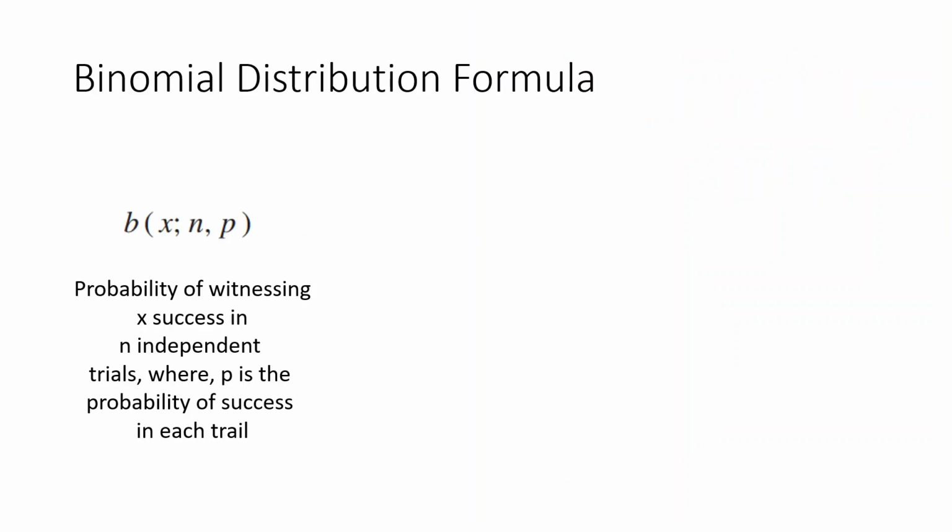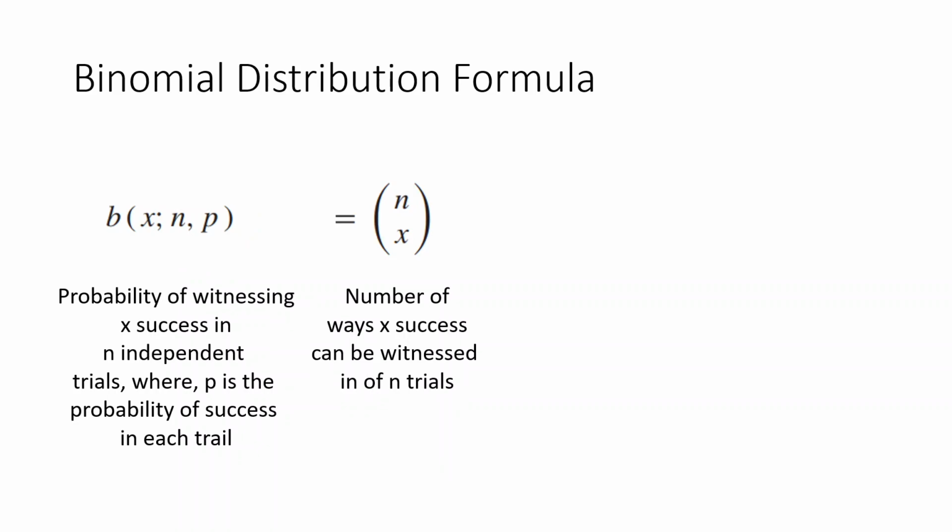So the binomial distribution formula: how do I estimate the probability of getting x successes in n trials, where the probability of success is fixed? It is given by nCx, a combinatorial term.